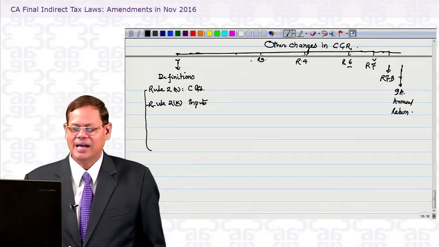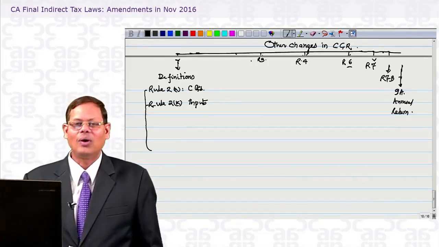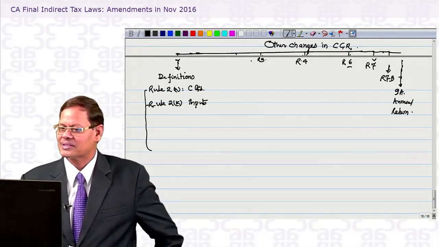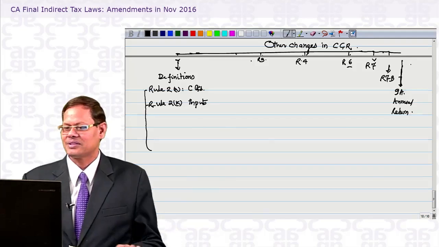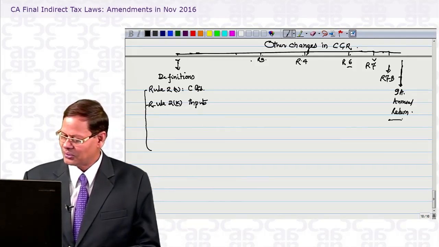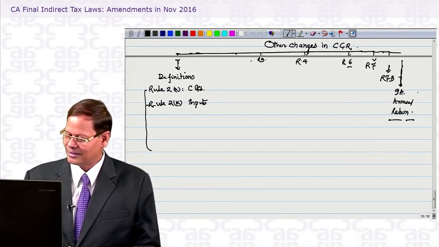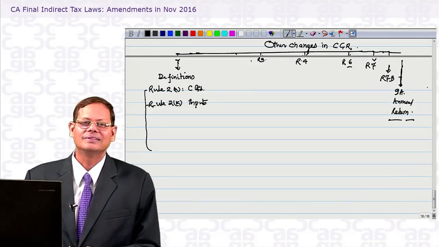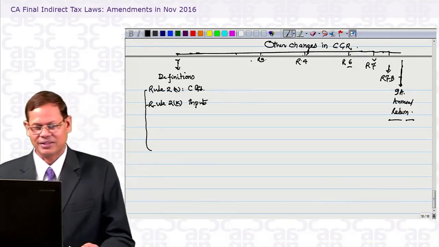And above all, there is an interesting change. That is rule 14. Rule 14 has been the target of frequent changes nowadays.